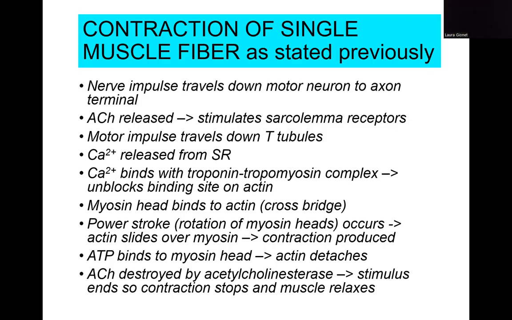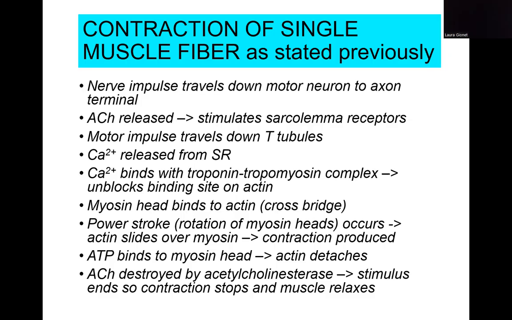So technically, to stop further contraction, we stop the release and get rid of the acetylcholine between the motor neuron and the sarcolemma at the neuromuscular junction. That's how we stimulate muscle relaxation, essentially, because the rest of that will then get shunted right back into the sarcoplasmic reticulum.